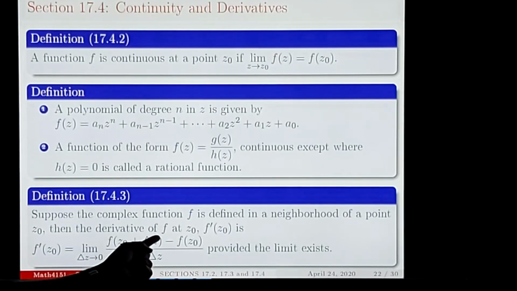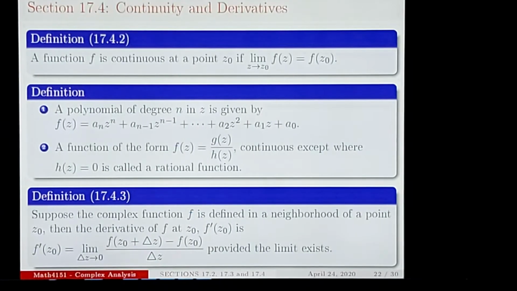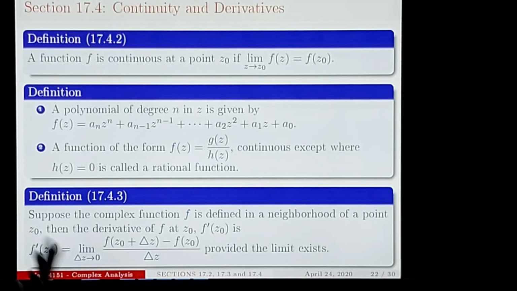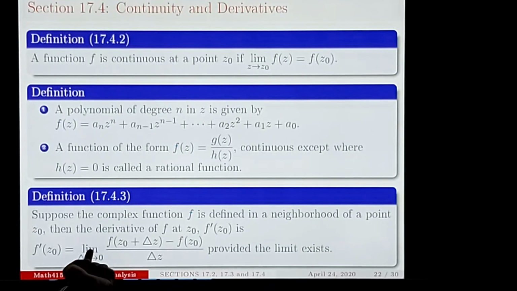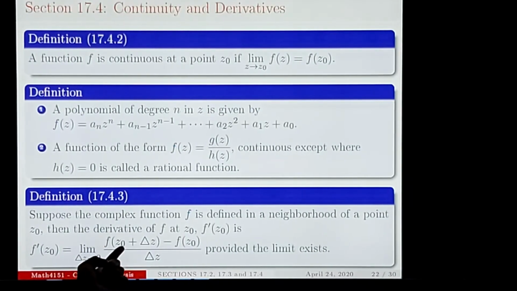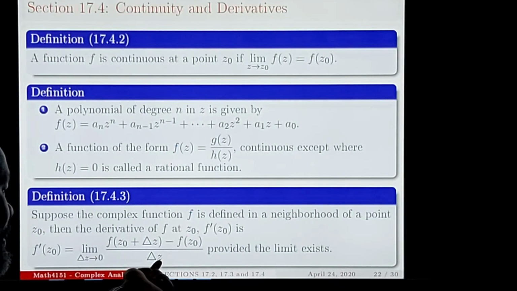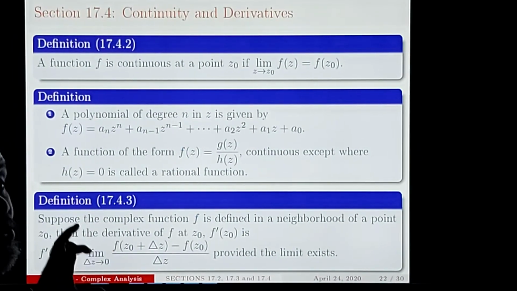Then the derivative of f at z naught, denoted by f dash of z naught, equals what we used to do previously in calculus 1: the limit as del z approaches 0 of f of z naught plus del z minus f of z naught, divided by del z, provided the limit exists. That's the definition of derivative, and this is what we used to call finding the limit by definition or by first principles in calculus 1.